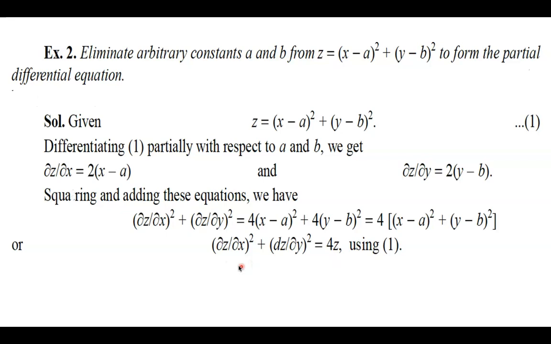The partial differential equation we obtain is dou z by dou x whole square plus dou z by dou y whole square equal to 4z.